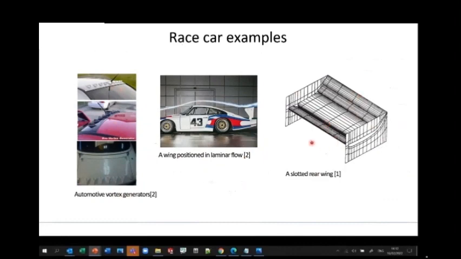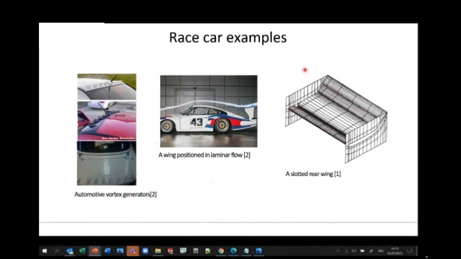But due to that high curvature, what we expect to see is separation due to the adverse pressure gradient, and therefore a reduction in downforce and an associated increase in drag. However, an easy way to get around that would be to introduce these slots, which introduces new airflow into the boundary layer with increased kinetic energy, and therefore stops that separation from happening.